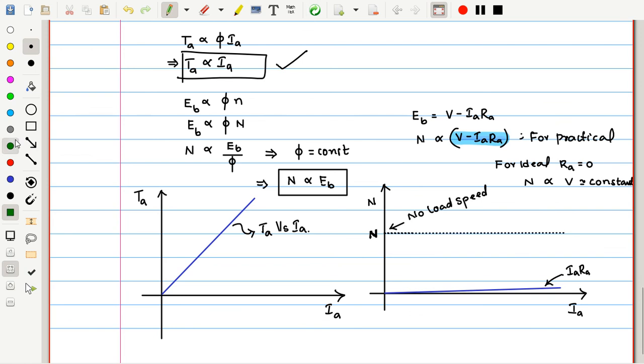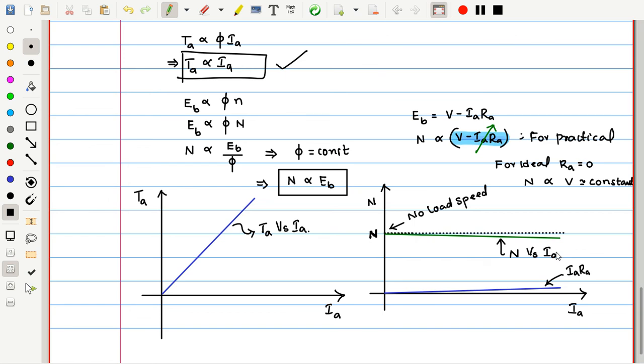Because the Ia Ra drop is rising. So as Ia Ra increases, V minus Ia Ra is decreasing. That means the speed is going to reduce a little bit, very small, not too much. This is the practical thing. Practically, this is the speed N versus the armature current.